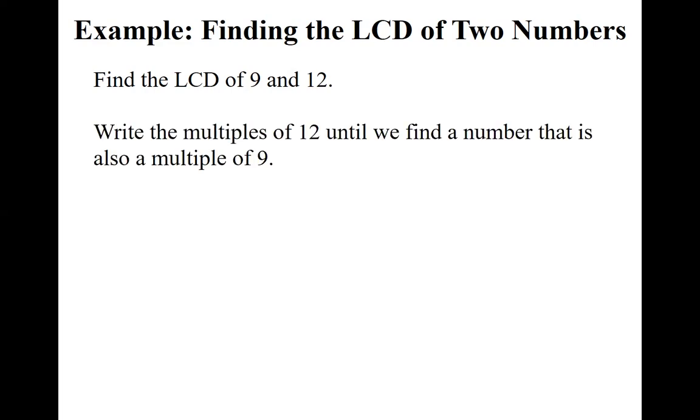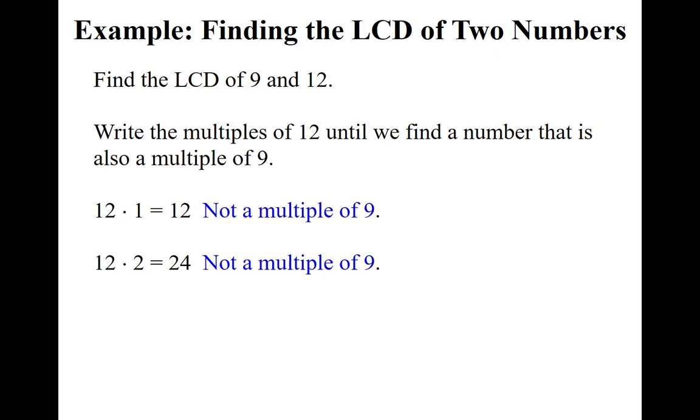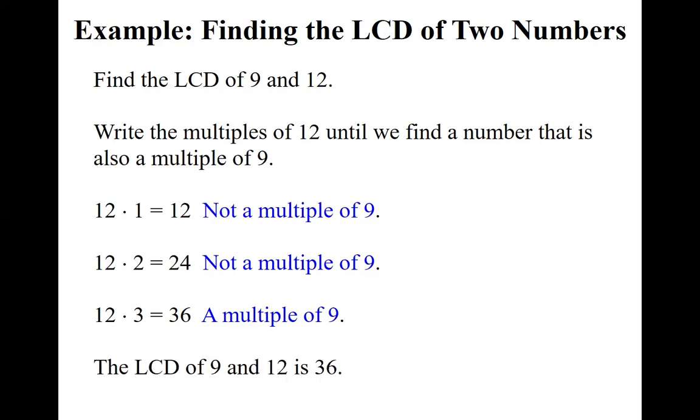Let's write the multiples of 12 until we find a number that's also a multiple of 9. 12 times 1 is 12. That's not a multiple of 9. 12 times 2 is 24. That's not a multiple of 9. 12 times 3 is 36. That is a multiple of 9. So 36 is the least common denominator of 9 and 12.